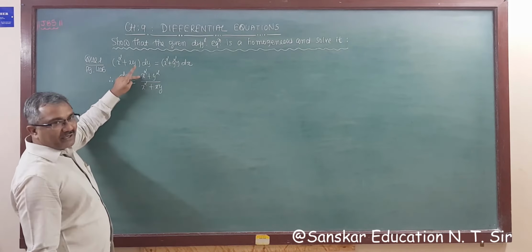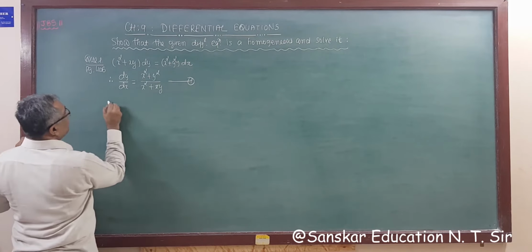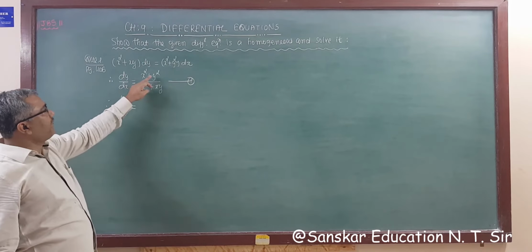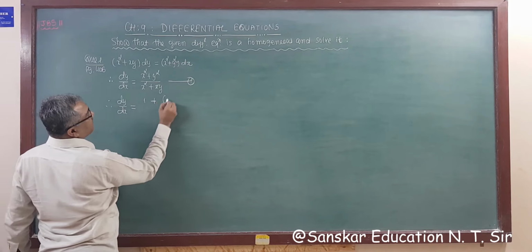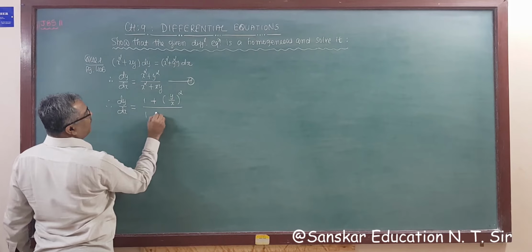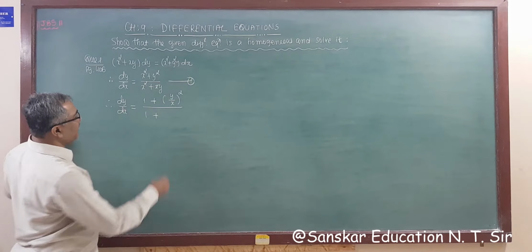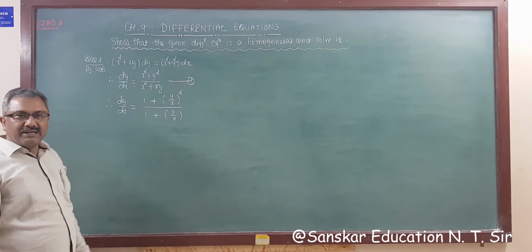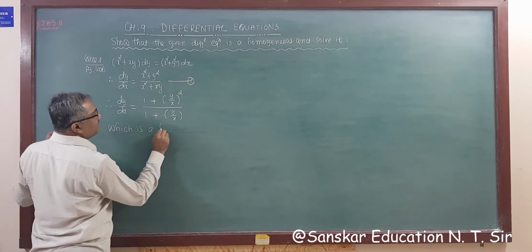So taking x square common from here, what we get? Say this is the result number 1. So therefore dy by dx is equal to, taking x square common from numerator as well as denominator, that will be cut. So this is 1 plus (y by x) whole square whole upon 1 plus y by x. If we take x square common, then this x will be cut, so we get y by x, which is a homogeneous function with degree 0.